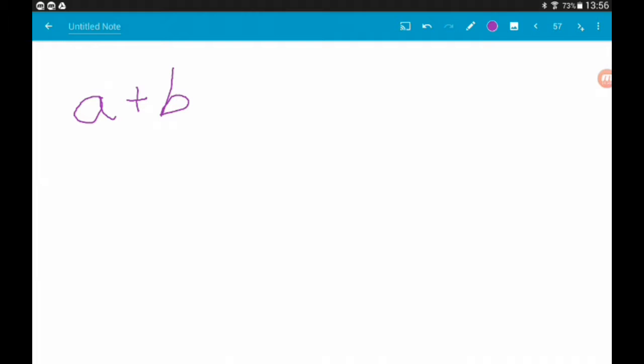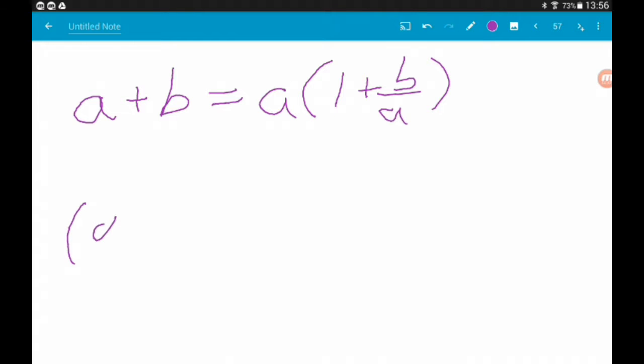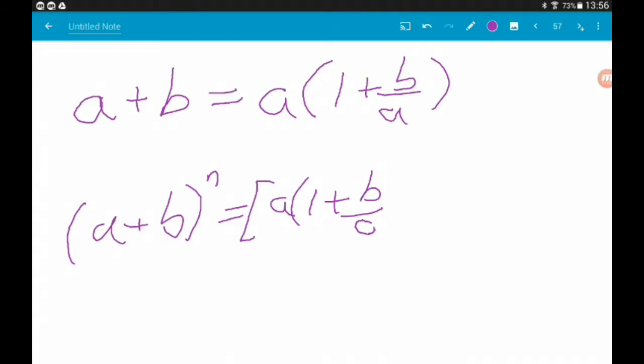Now we could factorise that to A times 1 plus B over A. No problem. Now, if we apply this to a binomial expansion of the form A plus B to the power of n, well, we could write this as, first of all, A times 1 plus B over A, and that would all be to the power of n.